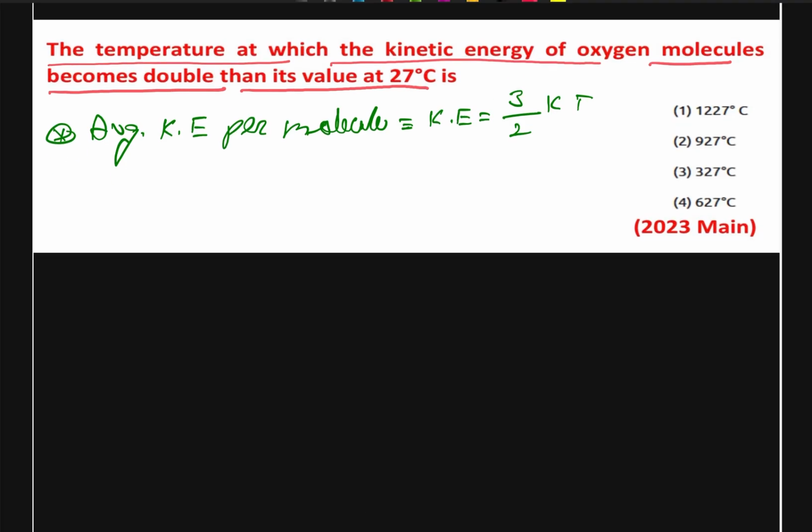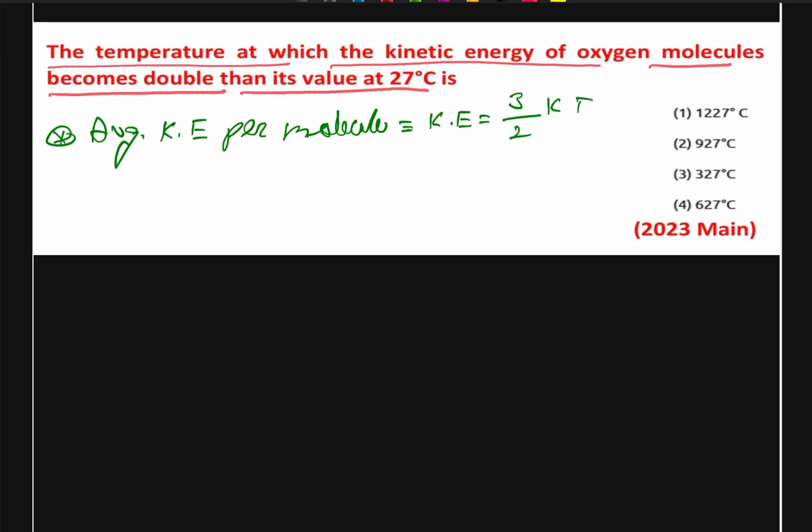And we are given that the kinetic energy at a certain temperature T2 was twice the kinetic energy at the temperature T1, and T1 is 27 degrees centigrade, and in absolute we can write this as 300 Kelvin.